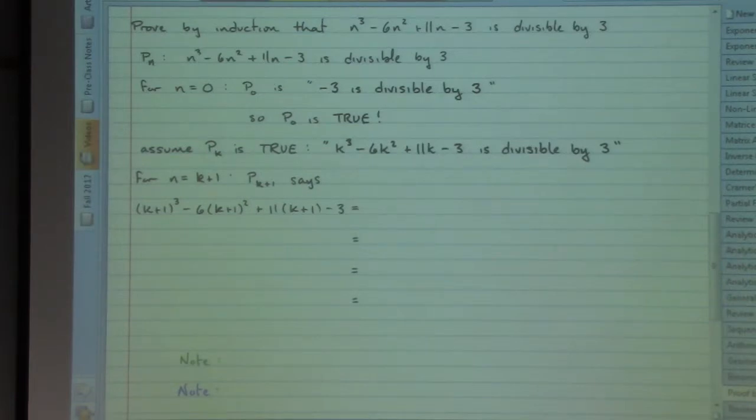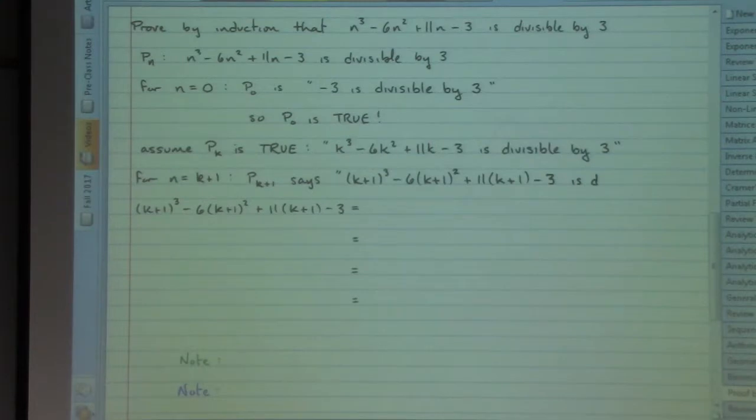If we look at the very next index, our expression is going to be more complicated. The index is k plus 1, so that means now our expression would be parentheses k plus 1 to the power of 3 minus 6 parentheses k plus 1 parentheses squared plus 11 parentheses k plus 1 minus 3.